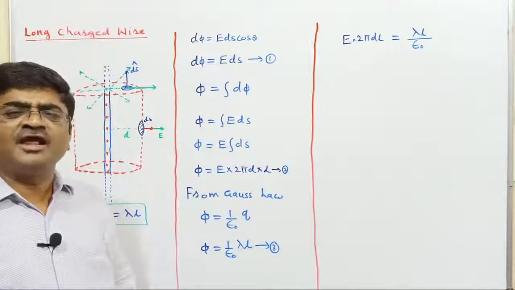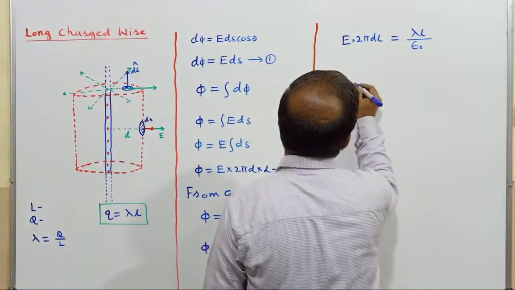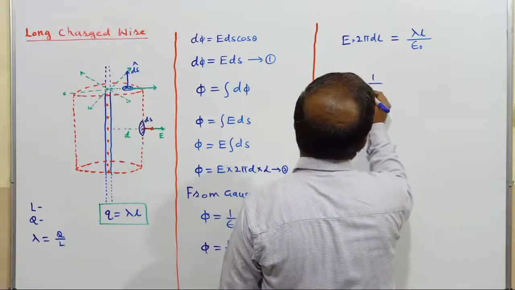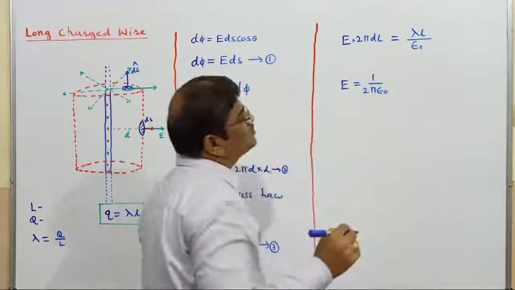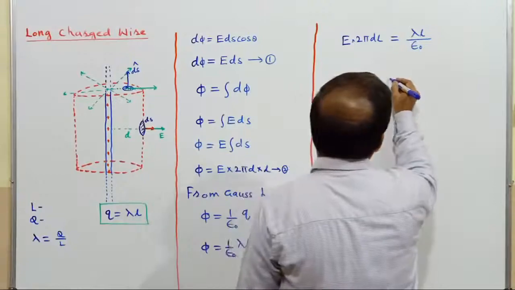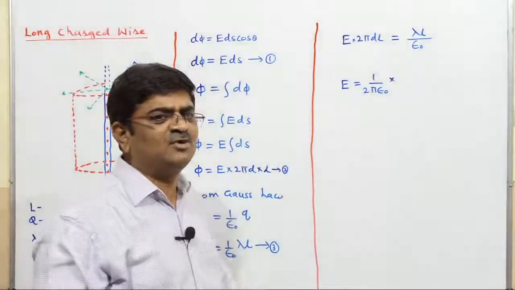So we can rearrange it and we write E equals 1 upon 2 pi epsilon 0 into lambda by d, as the small l on both sides will get cancelled.